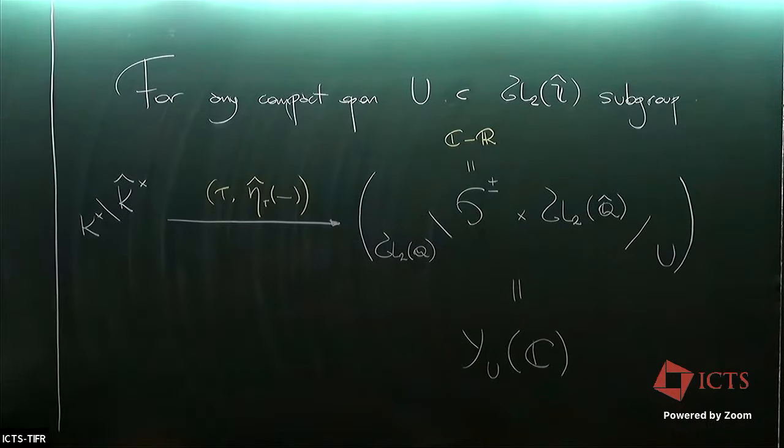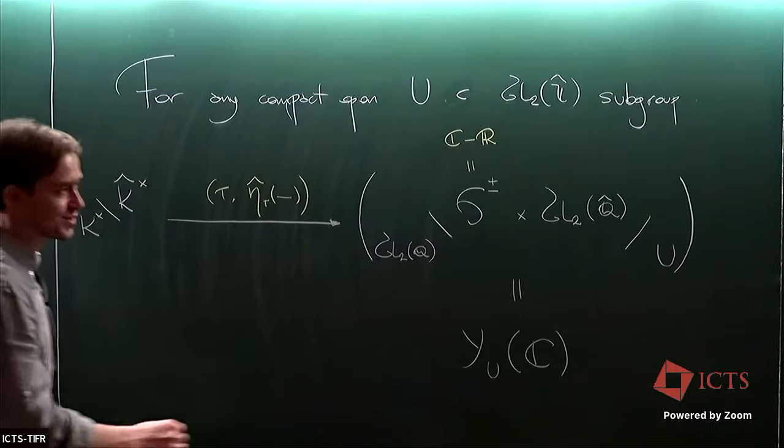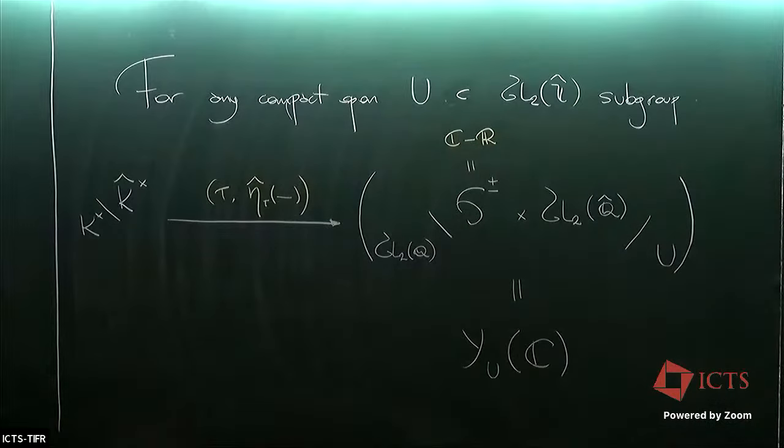And this gives us a well-defined map from this quotient, and this quotient, of course, we recognize. That's before we quotient out by anything. That's the adele class group of this imaginary quadratic field.